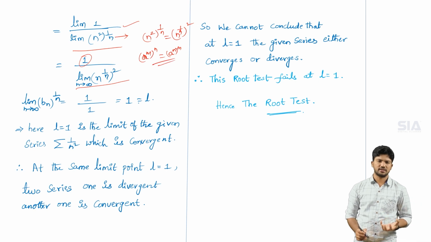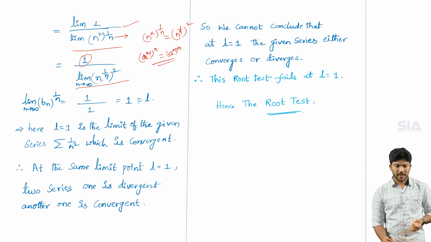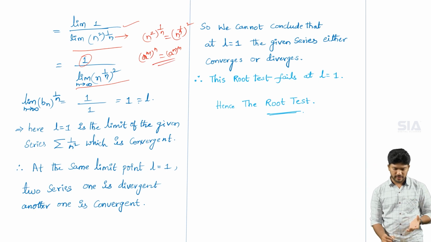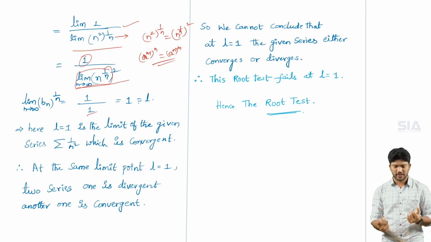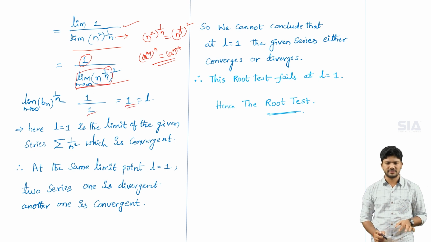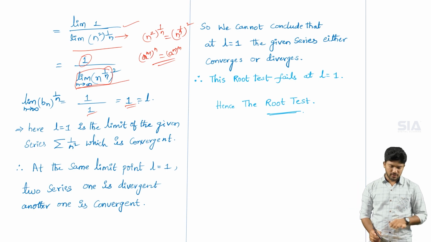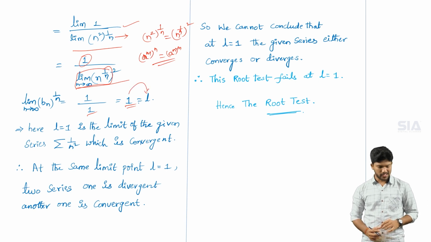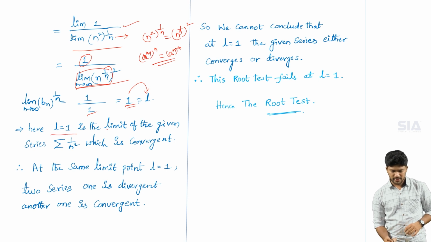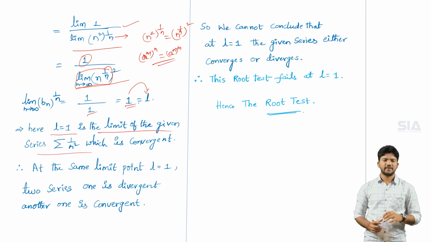By using that condition we can write (n power 1 by n) whole square. Already you know very well this value, 1 square also, again you will get 1 only. Therefore 1 by 1 is equal to 1. So 1 is the limit point, l is equal to 1. So therefore here l is equal to 1 is the limit of the given series, summation 1 by n square, which is convergent.